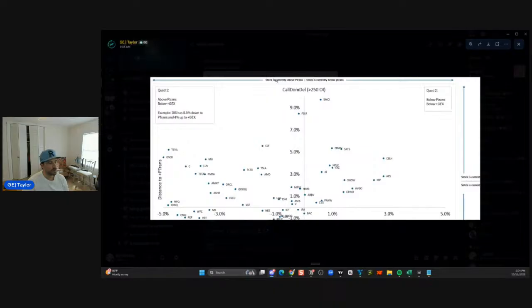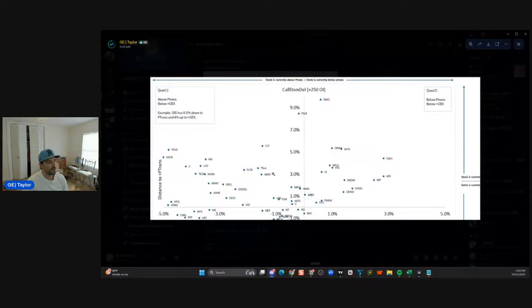These scatter plots are sometimes useful. Well, not sometimes, I find them useful. That's why I plot them. It's an easy way to see where the stocks we want to be honed in on are. According to our methodology, if it is above the x-axis, that means it's below plus x, which is our upside target, where the concentration of short-term call speculation is. That's our short-term target.